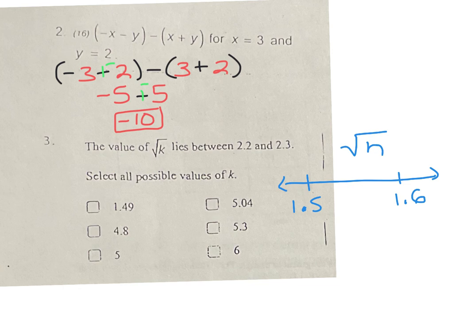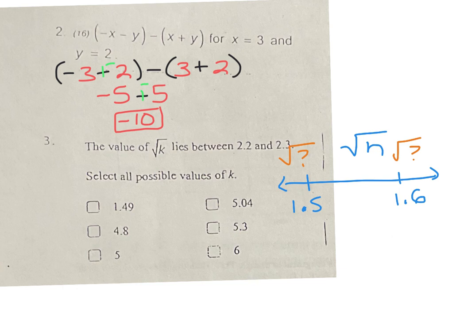So if that lies between, then that means the square root of h is somewhere between those two. So the first thing I would take a look at is, what do I have to take the square root of that would give me 1.5? And what would I take the square root of that would give me 1 and 6/10? If I know what I'm taking the square root of to get those values, then that would help me decide possibly what h could be.